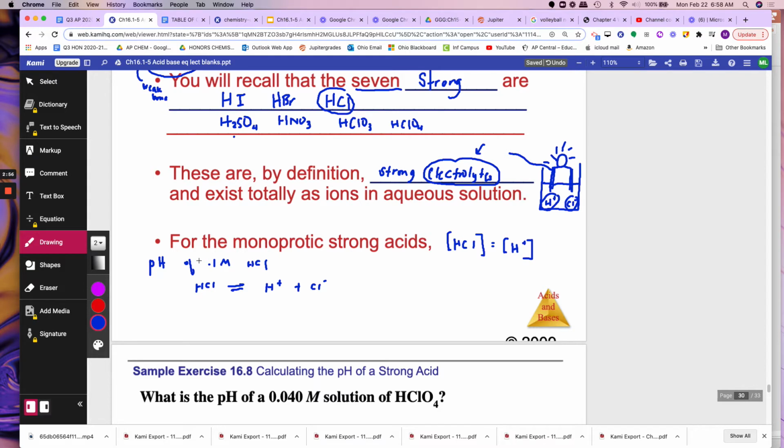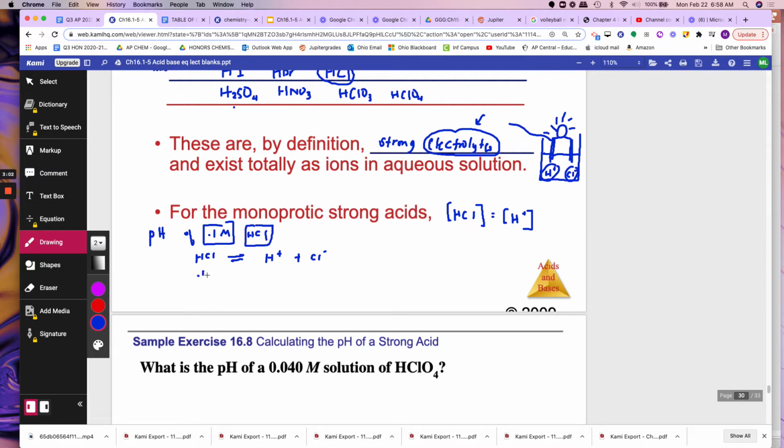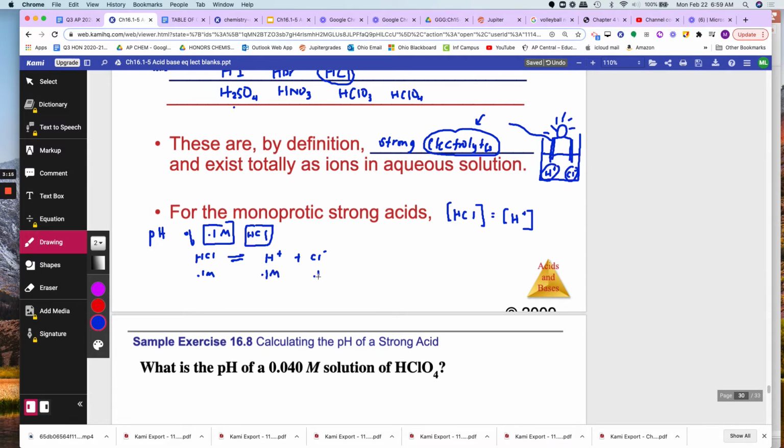If you want to get the pH of a 0.1 molar HCl, if it's a strong acid, it will dissociate 100% of the time, which means if you have 0.1 molar HCl, you will also have 0.1 molar H+, and you will have 0.1 molar of Cl-. Okay, so simply, the molarity of HCl is equal to the molarity of H+. So this is 0.1, this is also 0.1.